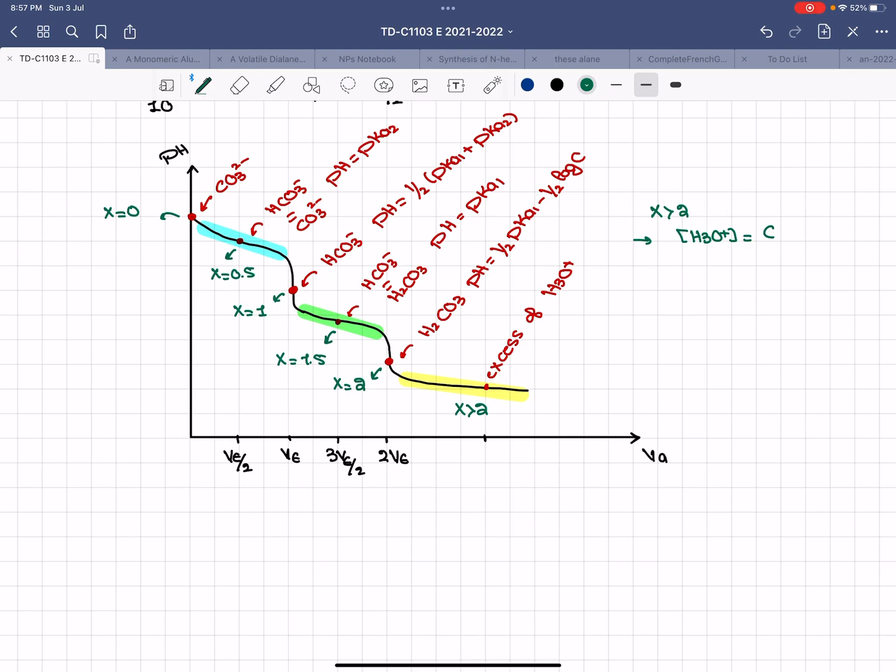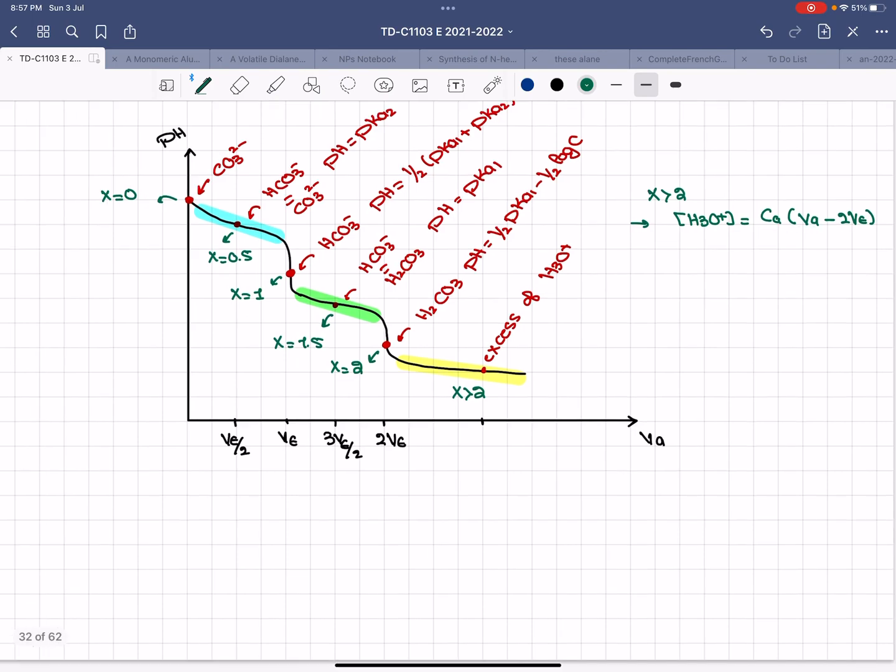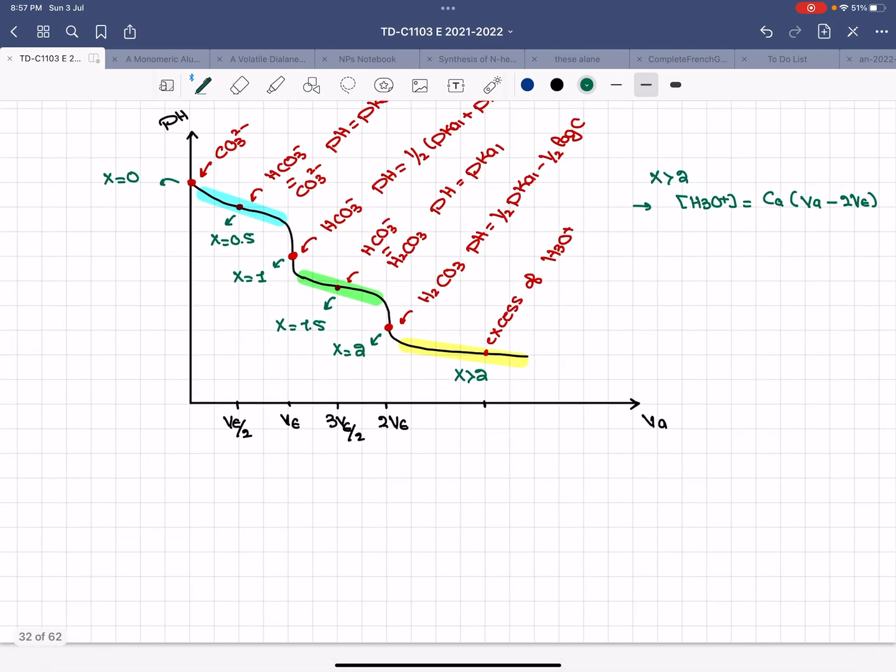No, let's do CA, which is the concentration of the acid times the volume of the acid added minus 2VE. Okay, the volume that you needed to neutralize the first and the second acidity, divided by the total volume of the system.